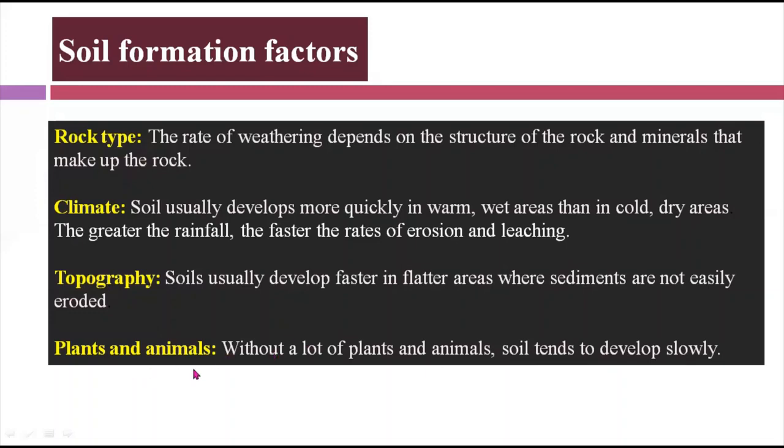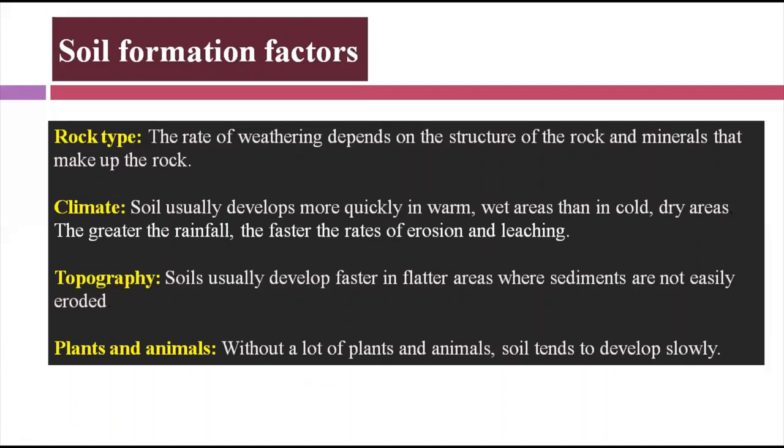Plants and animals. Now plants and animals are very important. Without a lot of plants and animals, soil tends to develop slowly. So the remains of plants and animals, we call the organic matter, is a key ingredient of the soil formation process.